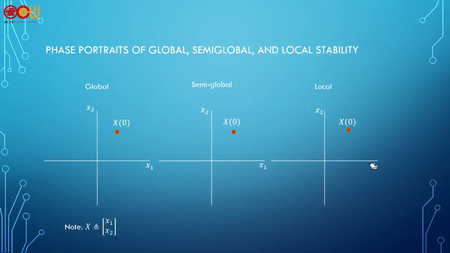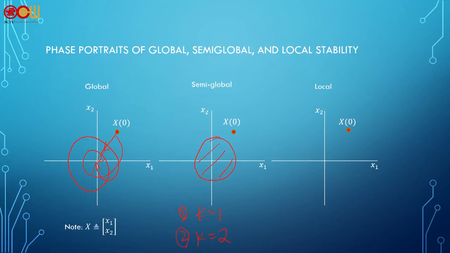So for example, the global case is if you start from some point x0, it will be stable and converge to the origin. For semi-global, you need to choose a k greater than some value. If k is 1, then only initial conditions in this range will be stable.